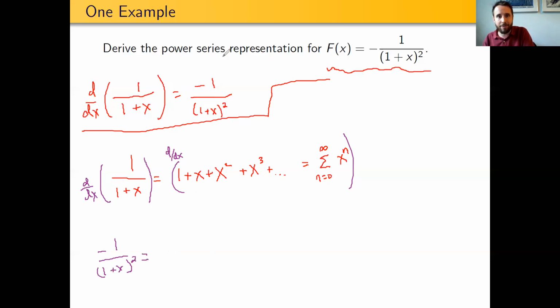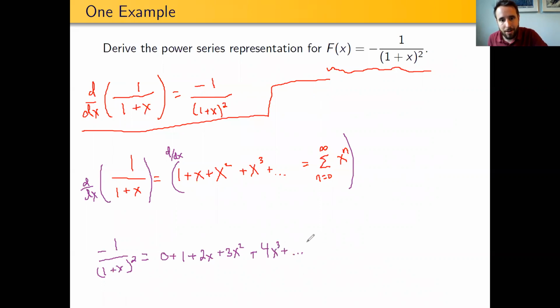As I go to take the derivative, the first number will just disappear. The derivative of x is 1, all right? So we start there. We've got 0 plus 1 plus x squared becomes a 2x, x cubed becomes a 3x squared. We would end up with a 4x cubed plus ... So we end up with this as our power series.